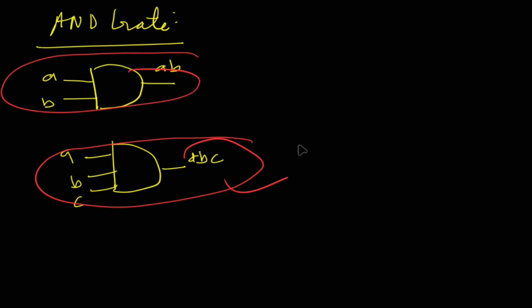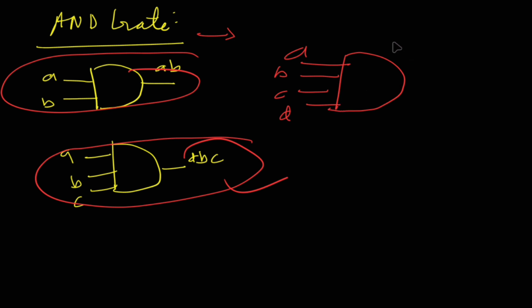Because what they will do, when they create the gate, they will manufacture 4 input, so that if someone comes for 4 input, they'll give this one. If someone comes with 2 input, they'll give this. If you want two input, then what you should do?